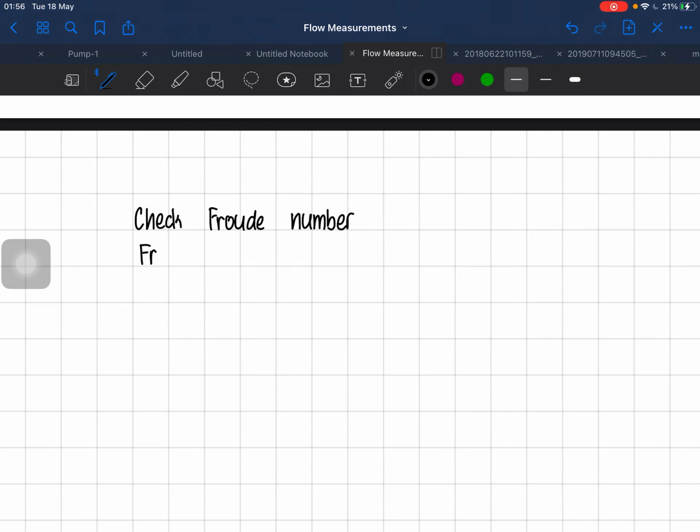So Fr equals the velocity over the square root of gy, which is gravity times height. From above, the velocity is 6 meters per second. The gravity is always, let's use 9.81, times the depth of 10 centimeters, so it's 0.1 meter.